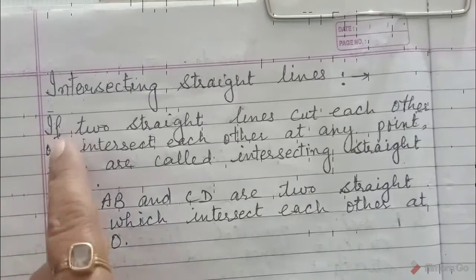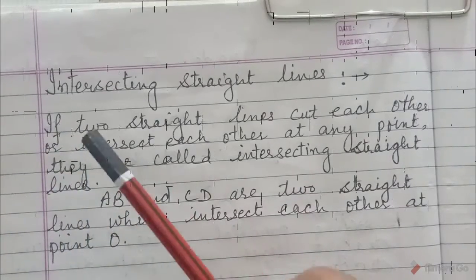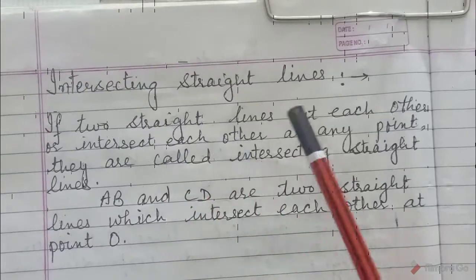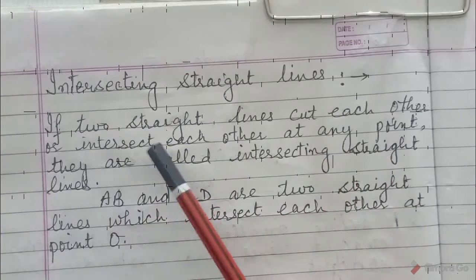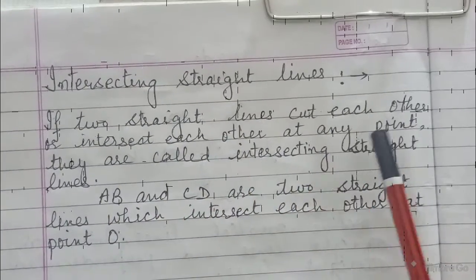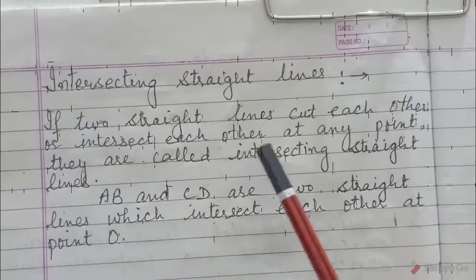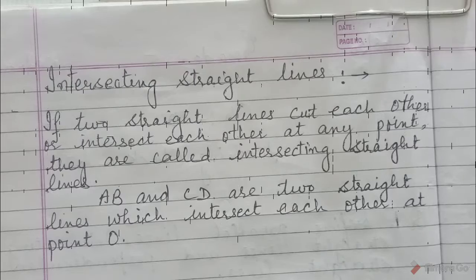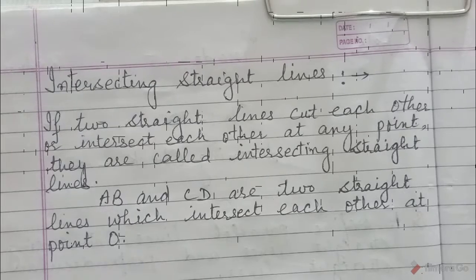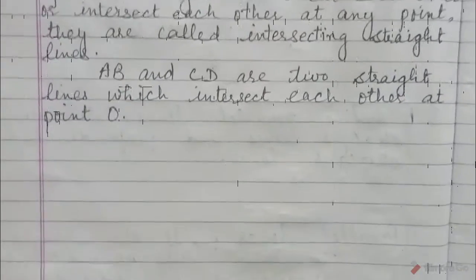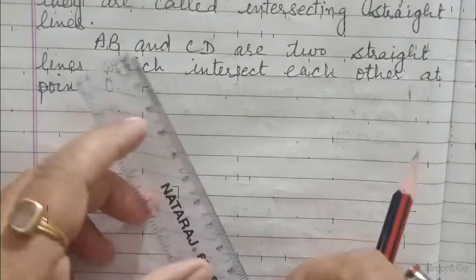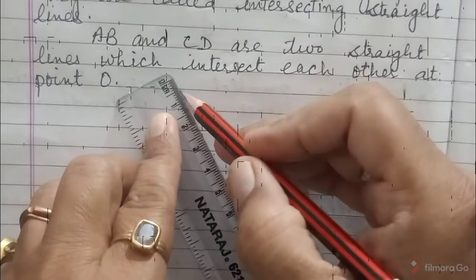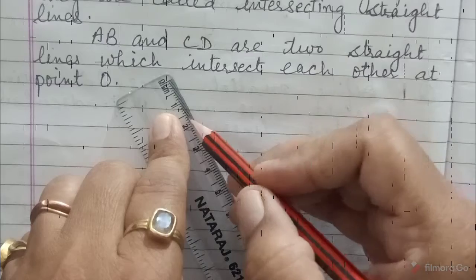In a geometrical way we can say that if two straight lines cut each other or intersect each other at any point, they are called intersecting straight lines. For example, we can draw intersecting lines with the help of a scale.